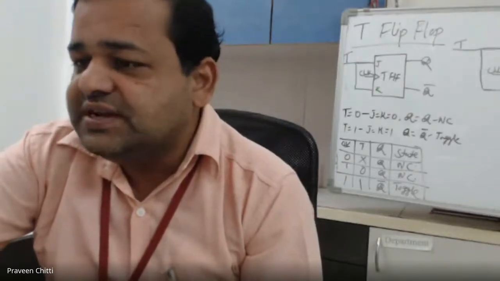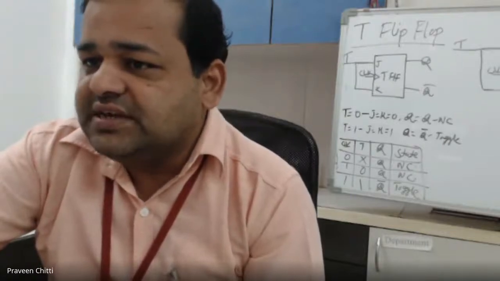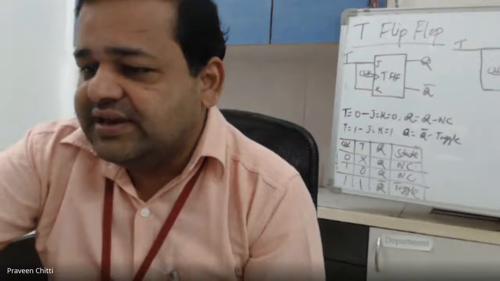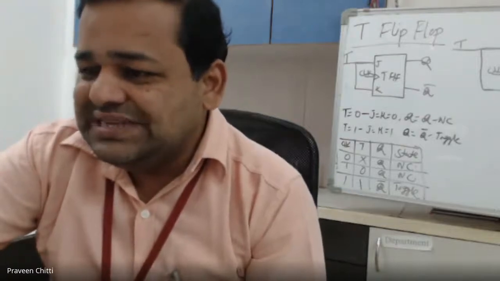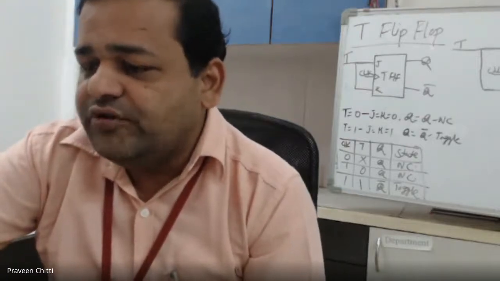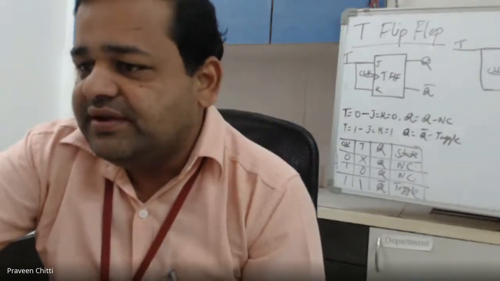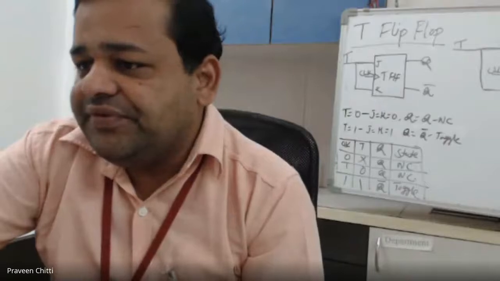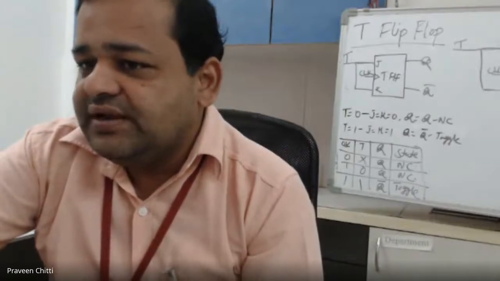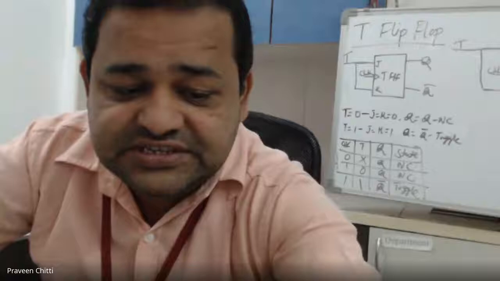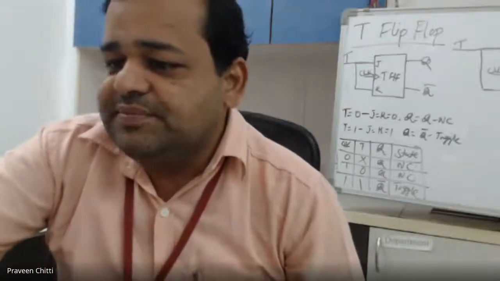So the portion for the second CI test is complete up to the flip-flop characteristic equation and the state diagrams. That means except the counter part of this module, from where we left the first CI test, from there till the flip-flops, the portion will be there for your second CI test, which is starting from 10th of December.